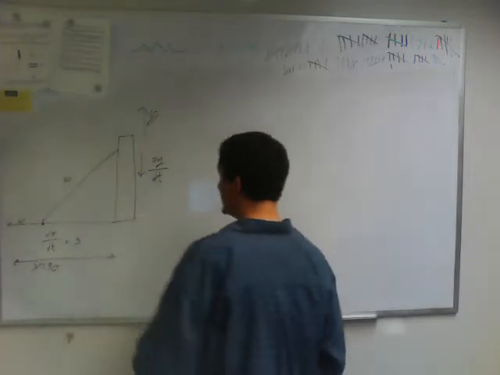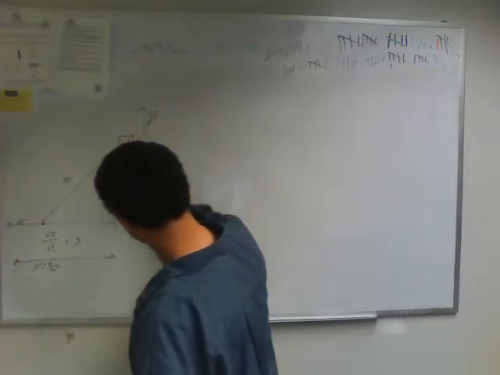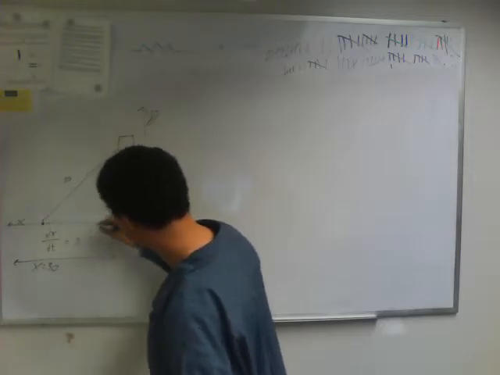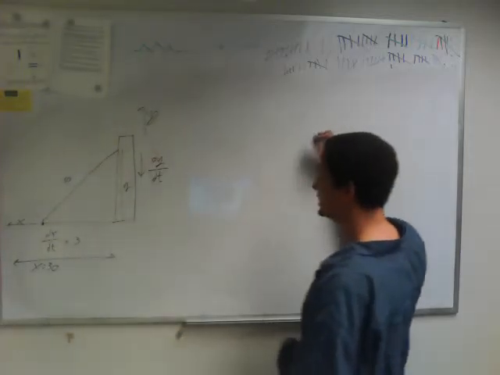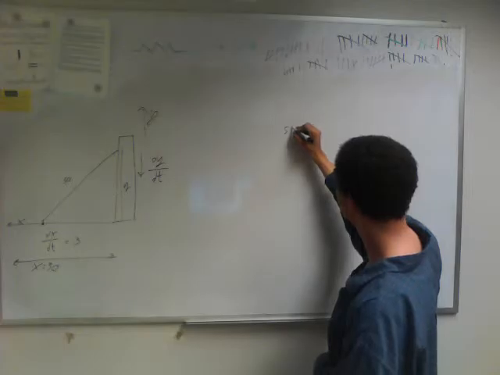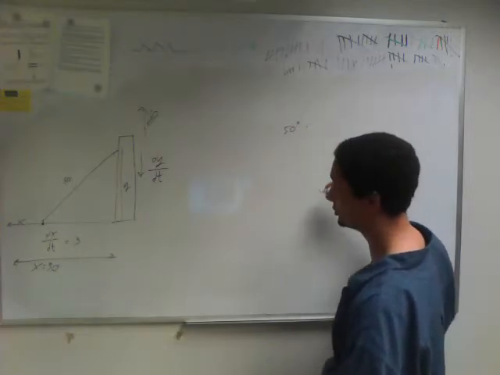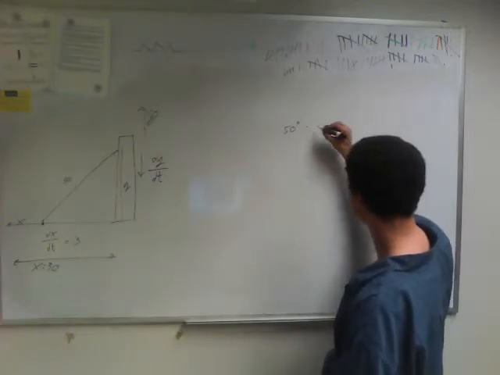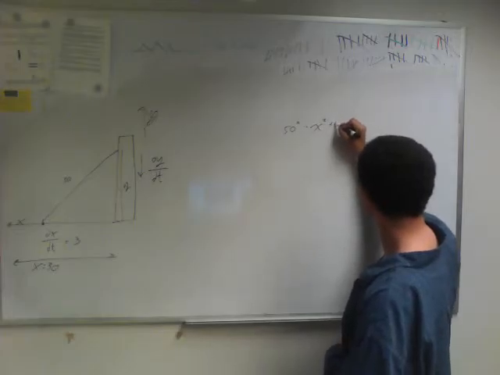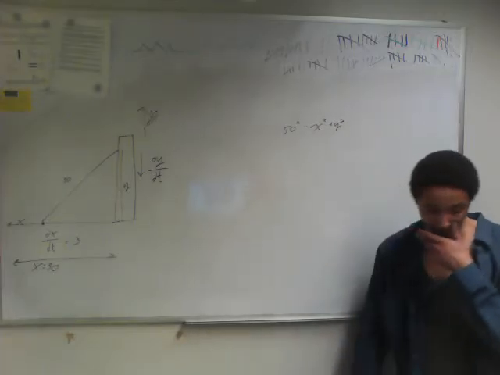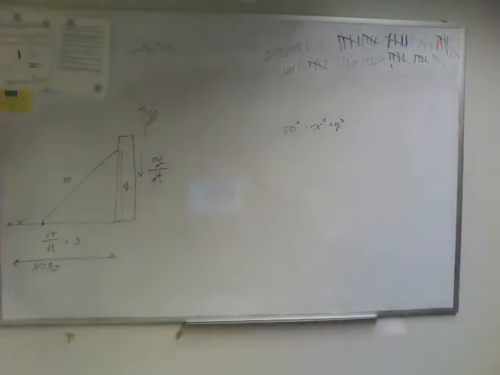And so the first thing to do, I mean, you realize you have a triangle here. And so this will be our y, right? This is x, and then 50. So we have 50 squared is equal to x squared plus y squared, which is the Pythagorean theorem.